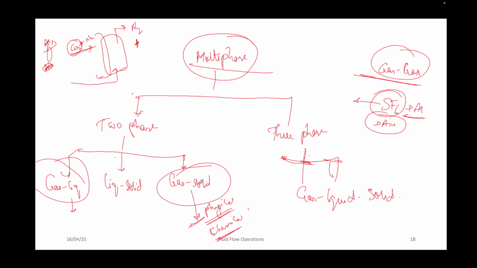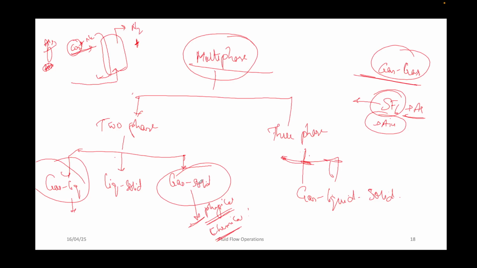There has to be a chemical reaction which is actively happening during the process, which also should involve a gas solid system. Any example? No?